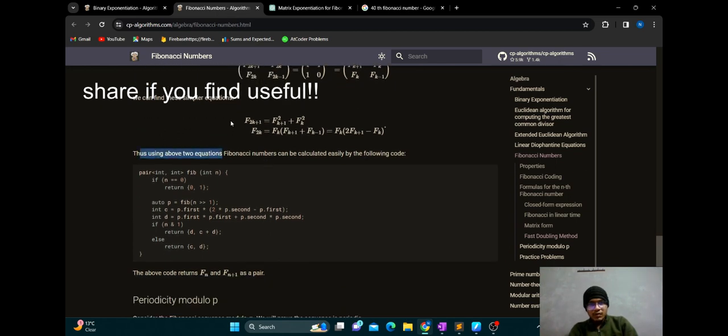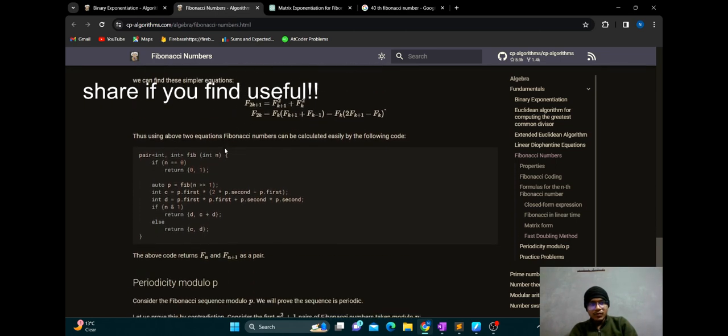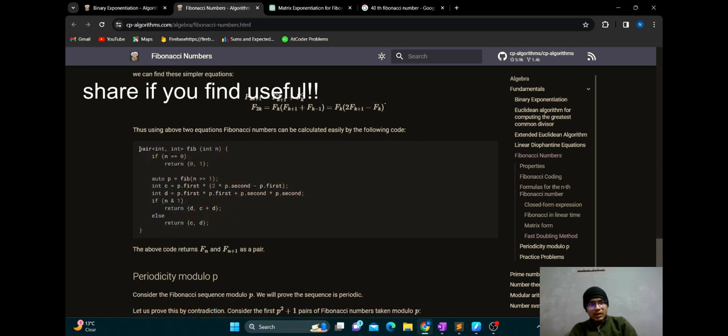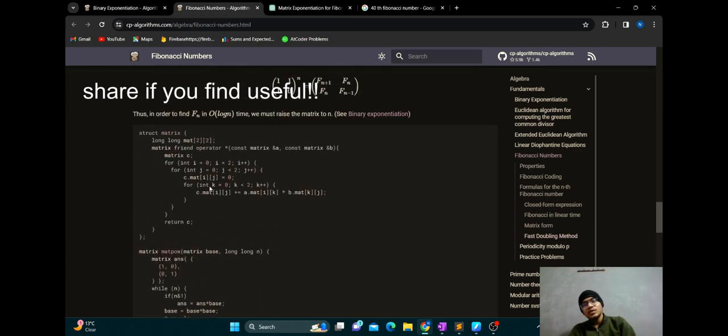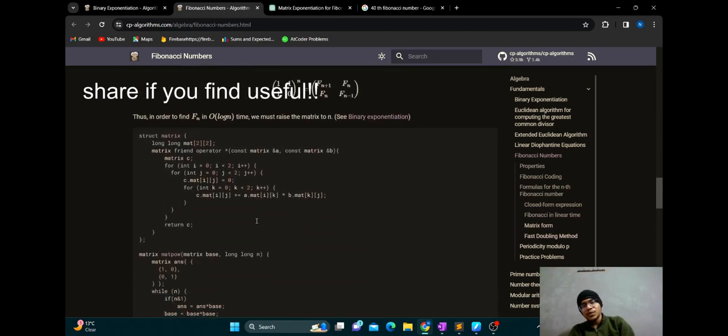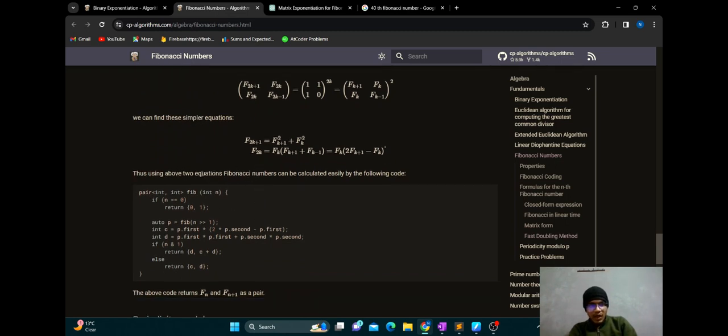So by using these two equations, you can write simpler code. This is also binary exponentiation code only, but you need not have a 2 by 2 matrix. You can just have a pair and you can get the answer.